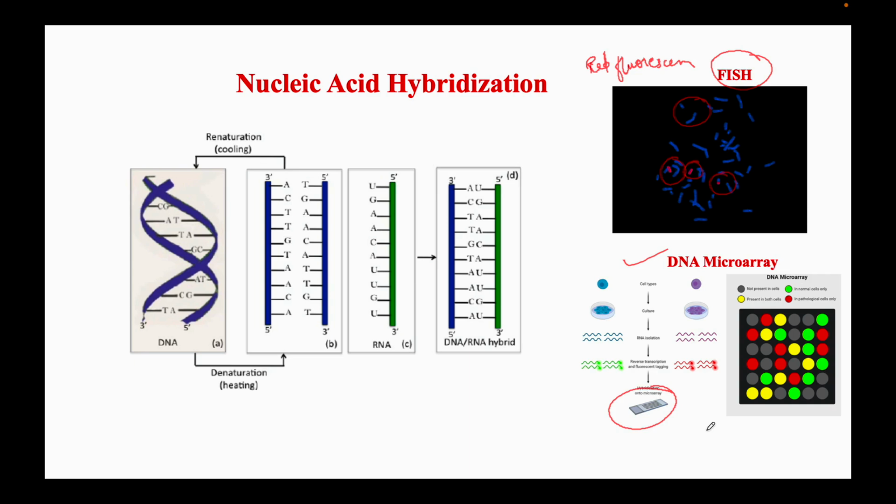On this we just spot our different samples, and then we do this nucleic acid hybridization. So DNA microarray is very high throughput. This high throughput term means that we can analyze n number of samples at a given time.